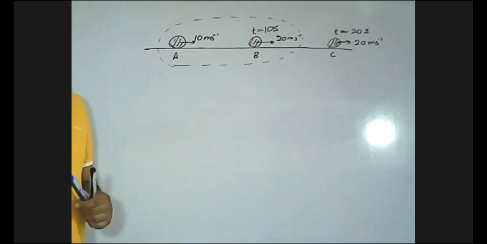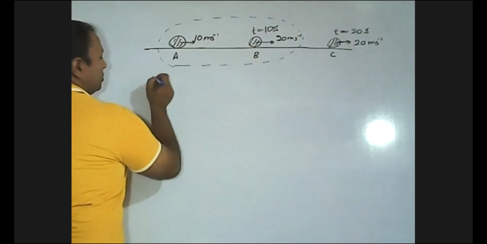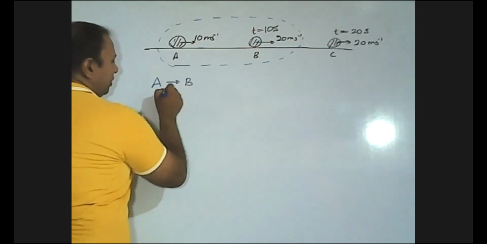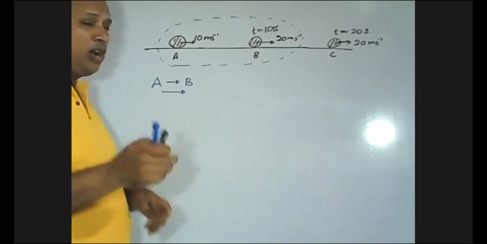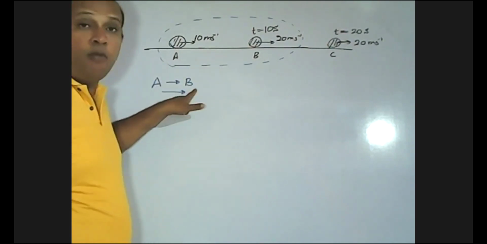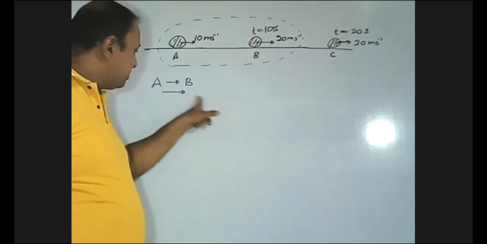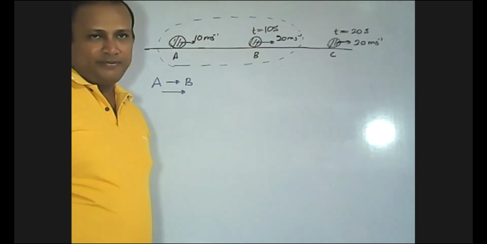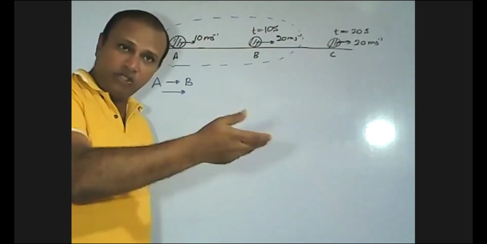Suppose you are going to apply those equations for AB motion. You can write that like this: A to B, in this direction. That means you are applying those equations for A to B motion, and you have taken this direction, the right hand side, as the positive direction. All the vector quantities in that direction will be positive.